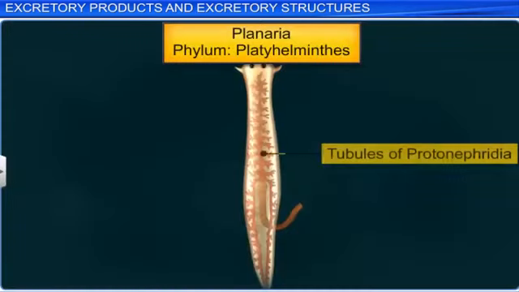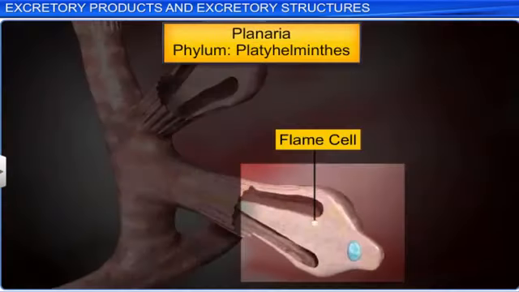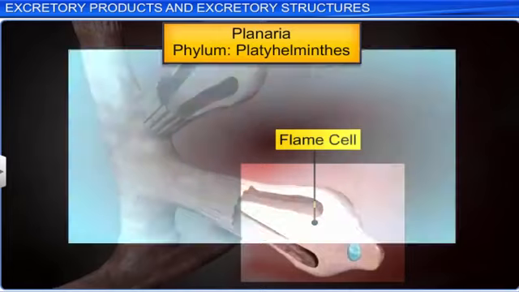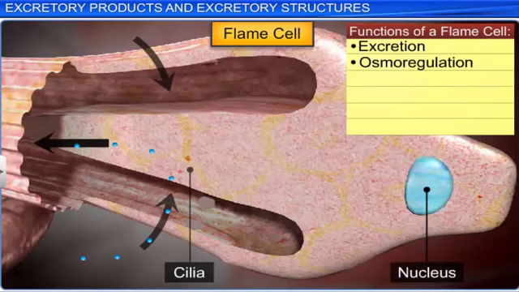Flame cells or protonephridia are the excretory structures in animals like platyhelminthes, rotifers, cephalochordates, and certain annelids. Apart from performing the function of excretion, these cells help in osmoregulation, or the regulation of the fluid volume and ionic balance in the body.